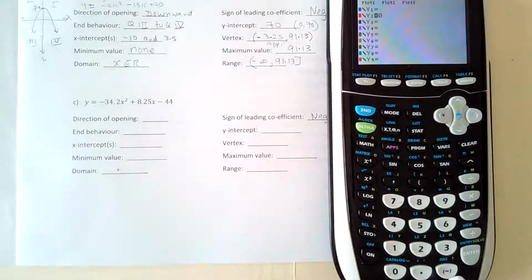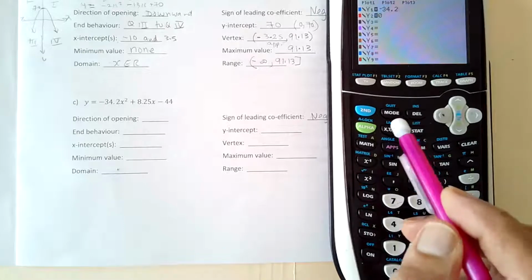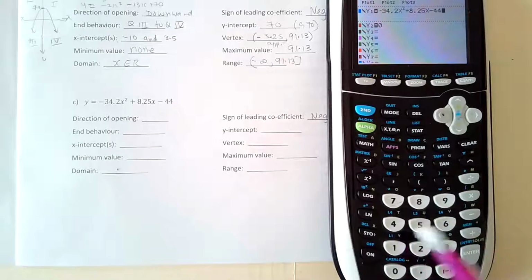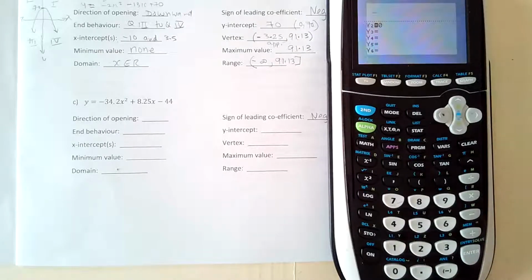So indicate it's the negative in the bracket here. So negative 34.2 x squared plus 8.25 x minus 44.